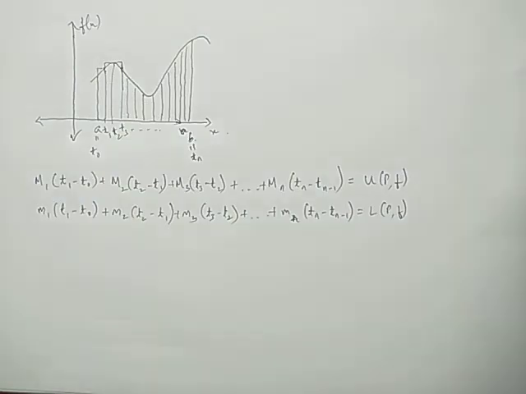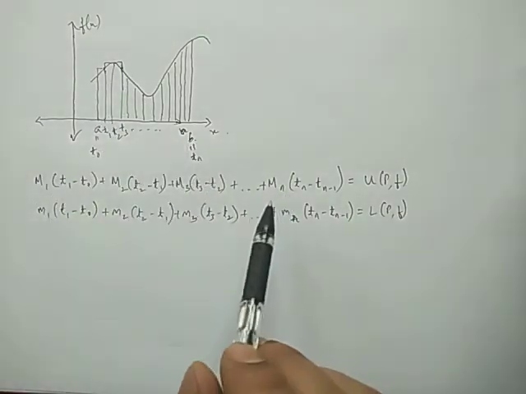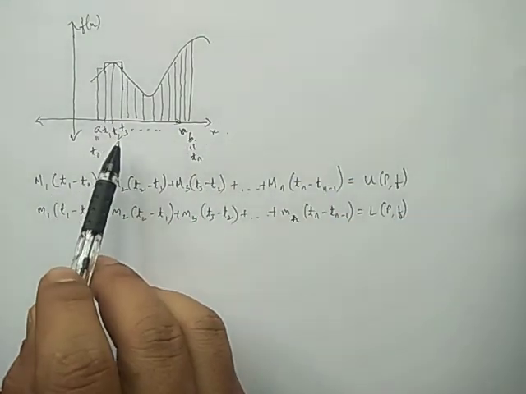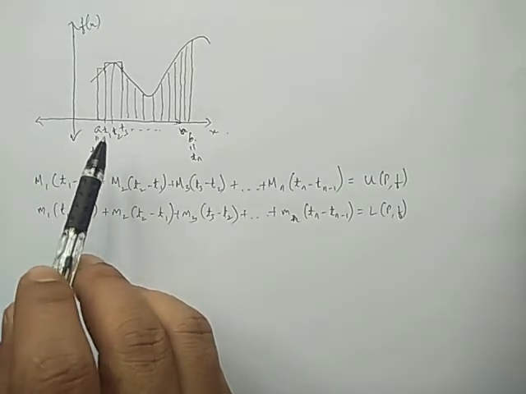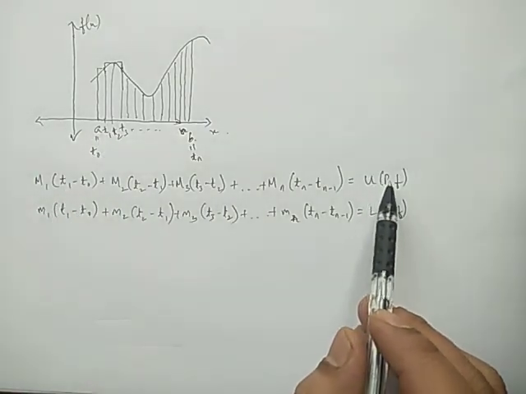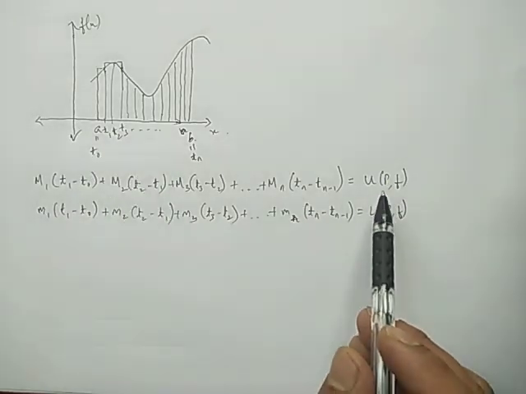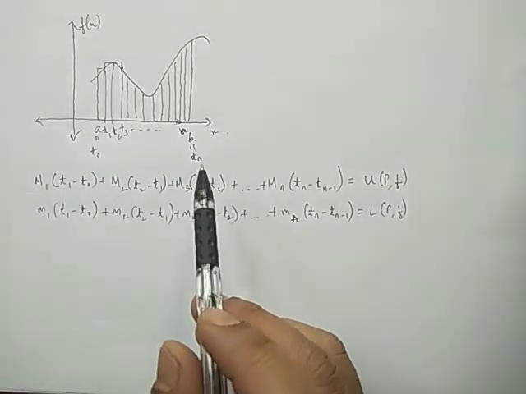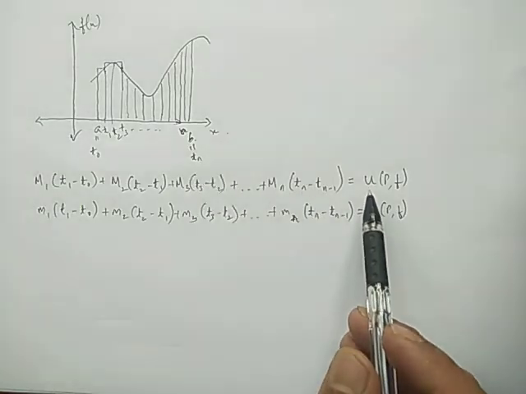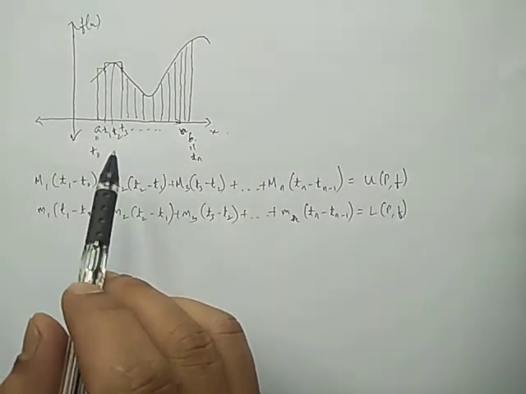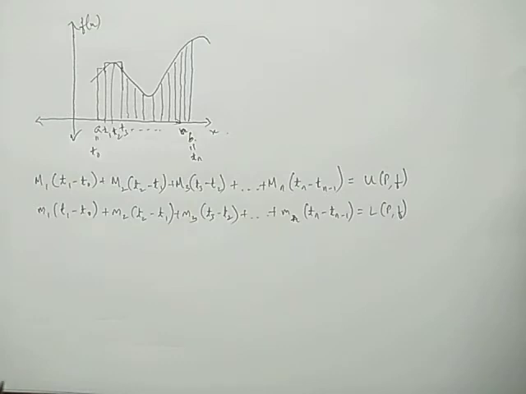Now for different partitions, like we have seen before, for 3 partitions my UPF will be different. If I have 10 partitions, my UPF will be different. If I have 20 partitions, also my UPF will be different. If I have 1000 partitions, also my UPF will be different.